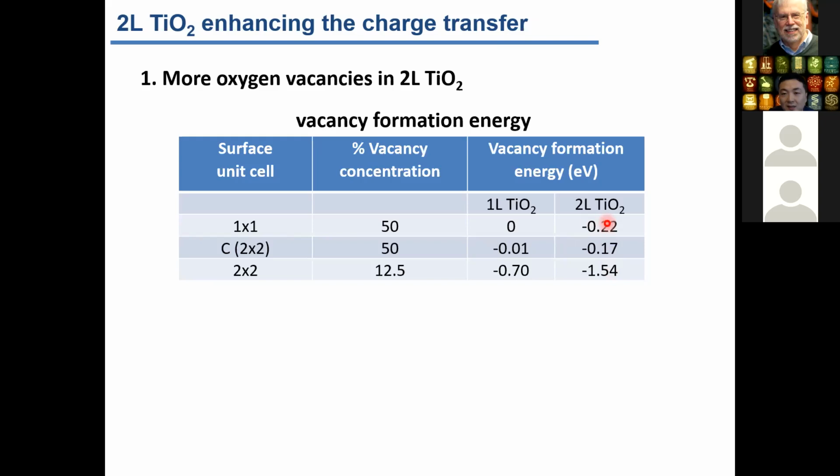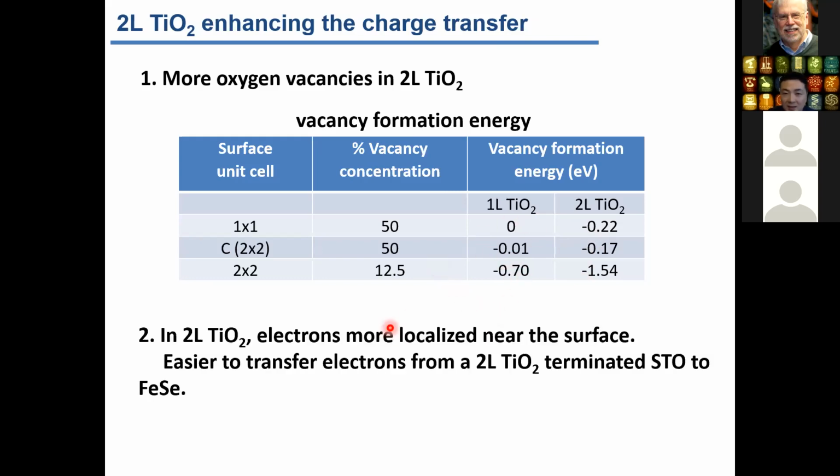You can see for each structure, the two-layer TiO2 case is always easier, or energetically more favorable, to form vacancies compared to the one-layer case. In other words, if every condition is exactly the same, two-layer TiO2 will have more vacancies. So that's the first reason we found.